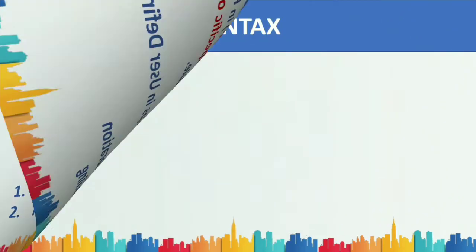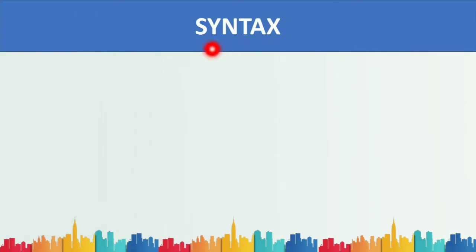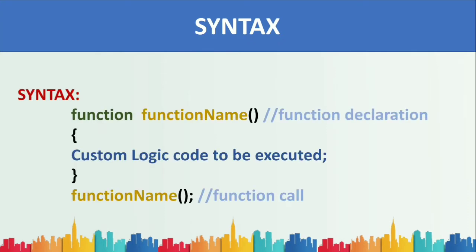First let us see the syntax of user defined function. Syntax means general form. We have a format, a procedure, that we have to follow. Now look at the general format. User defined function declaration begins with the keyword function. This word we have to write as it is. Next to function, you can write any name for the function.